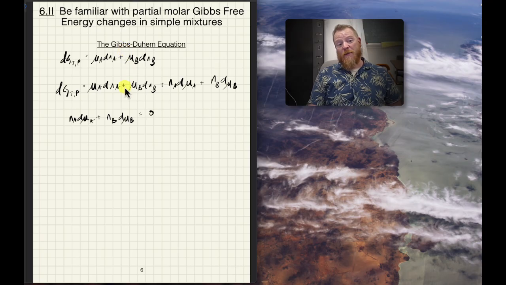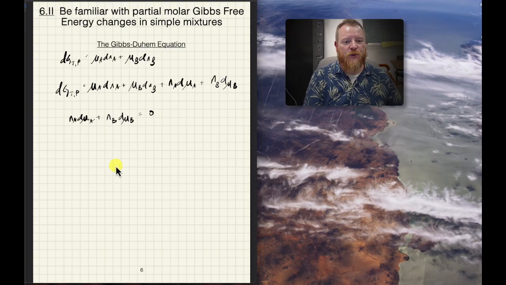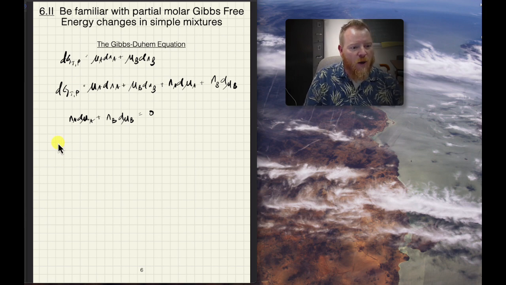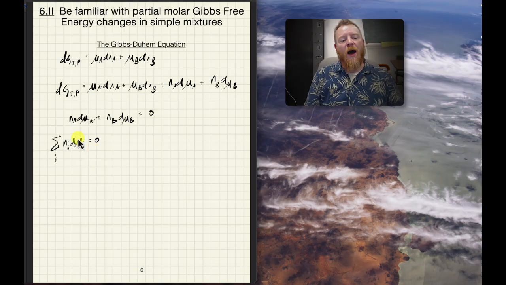That's the only way to make these two things work, which is where we arrive at the famous Gibbs-Duhem equation, which says the summation, where i could be any species, of Ni times d mu i must be equal to 0. So this is our Gibbs-Duhem equation right here.